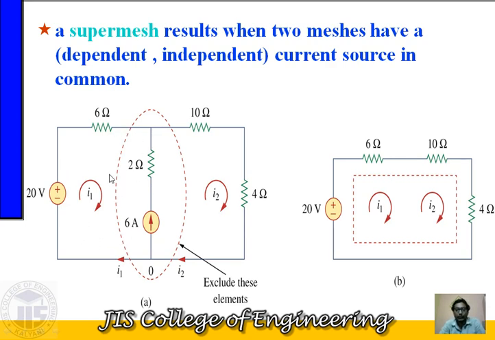That's why we go for the super mesh analysis method. First we neglect this current source and the resistance connected in this path, and consider everything together as one super mesh.